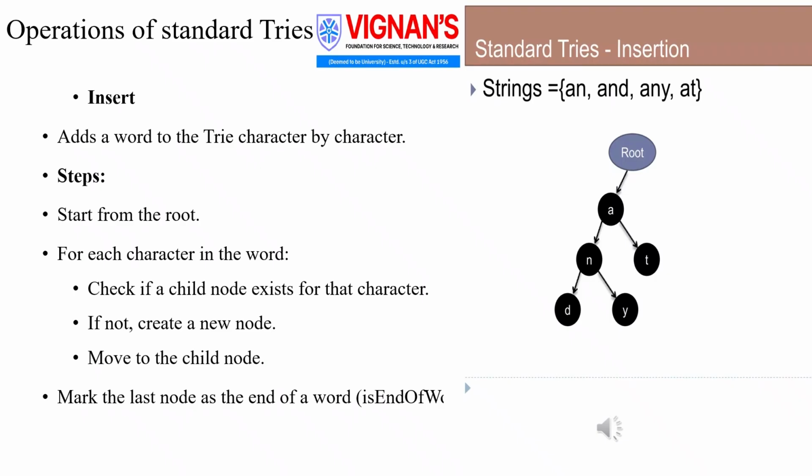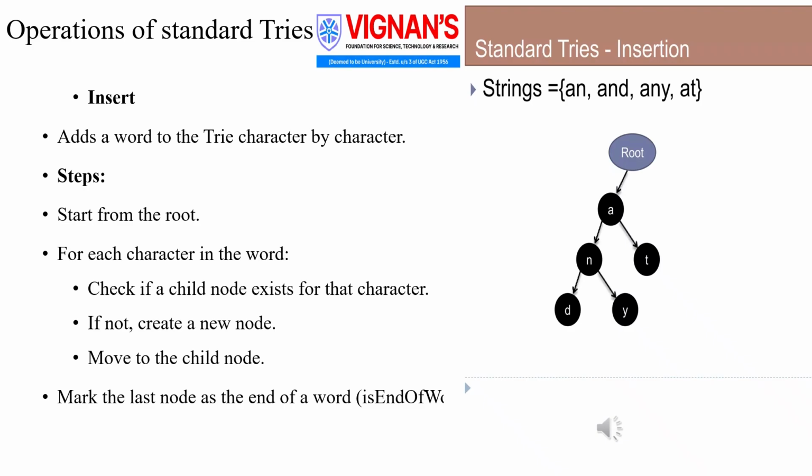Operations of standard tries. Insertion. Insertion is one of the basic operations of a standard trie. It is used to add a word to the trie character by character. To insert a word, we start from the root node. For each character in the word, we first check whether a child node already exists for that character.